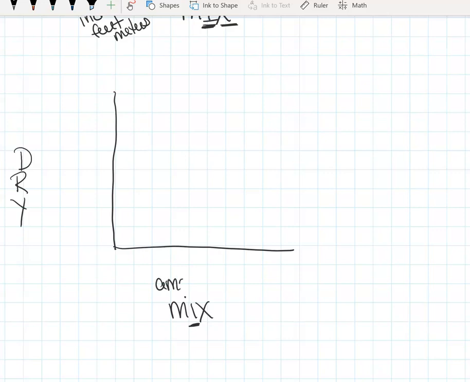So if this is my amount of fertilizer, let's say I have 1, 2, 3, 4, 5. Again, I need units. What does 1, 2, 3, 4, 5 represent? Are they cups of fertilizer? Are they ounces of fertilizer? Is it grams of fertilizer? So I'm going to indicate here that it's grams of fertilizer.